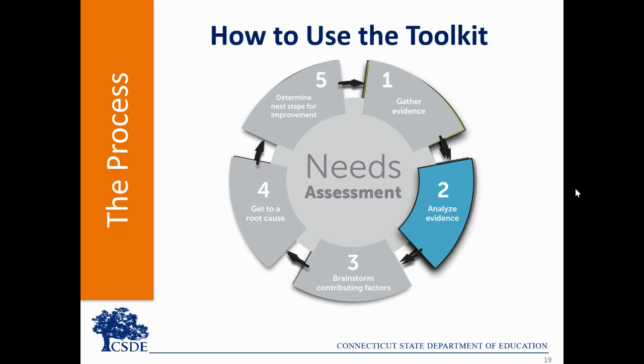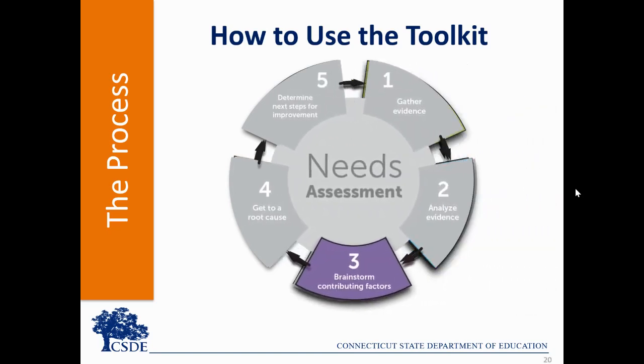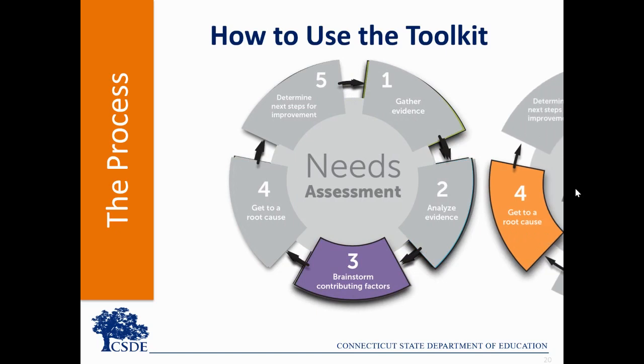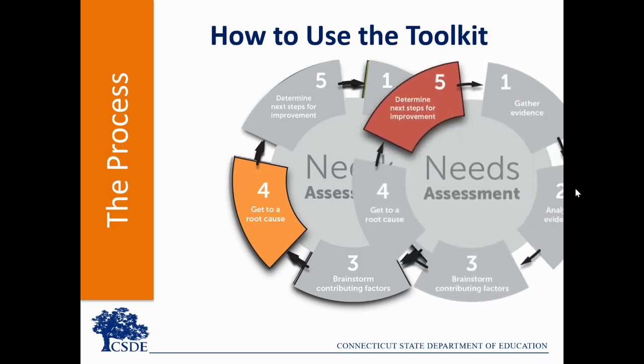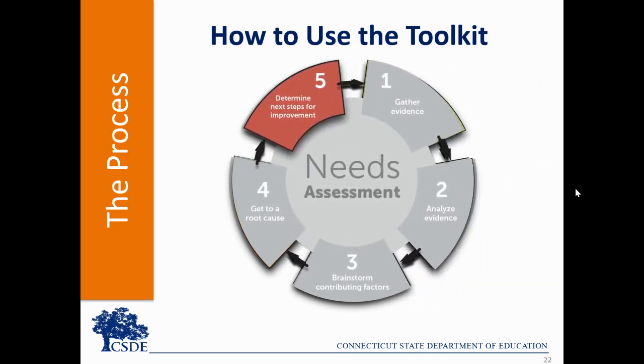These tools can be used independently or together to guide the team to a deeper understanding of the evidence, challenges, and causes. For example, in the section Get to a Root Cause, there are several protocols that your team may use to determine a root cause. Choose the tool that works best for your team or use more than one tool to ensure the fidelity of the work.